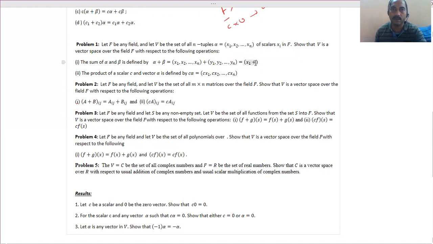This is the first component of the resultant vector. Then the second component of the first vector x2 plus the second component of the second vector. This is the operation that is given. Already given.